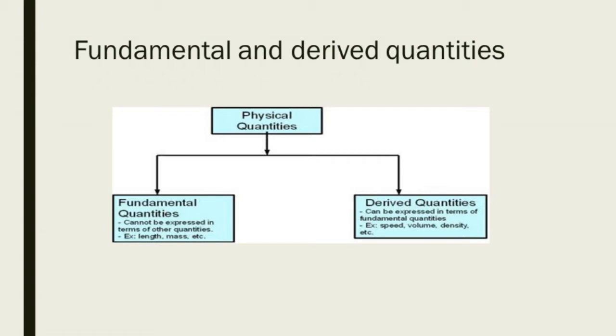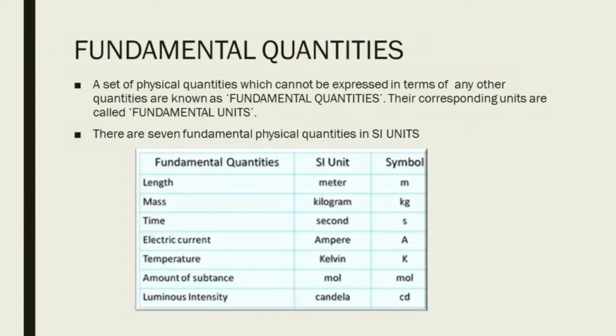Fundamental and derived quantities. Generally, physical quantities are classified into two types, namely fundamental quantities and derived quantities. Fundamental quantities. A set of physical quantities which cannot be expressed in terms of any other quantities are known as fundamental quantities.